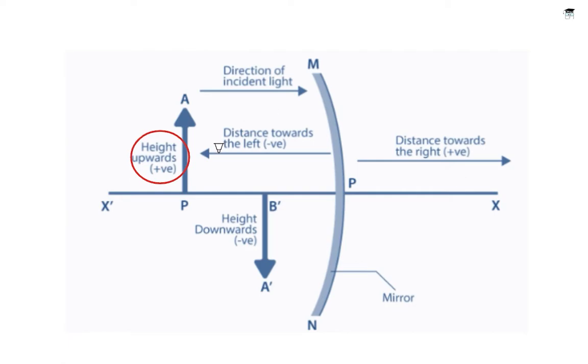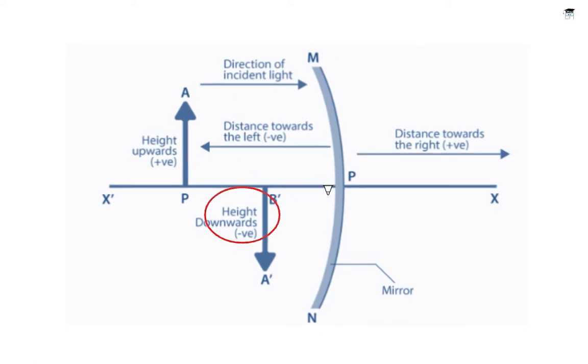And the fifth one says the height measured upwards perpendicular to the principal axis is taken as positive. All the heights measured upwards, like the height of this object, will be taken as positive. And the last one says that the height measured downwards perpendicular to the principal axis is taken as negative. The height measured downwards will be taken as negative.